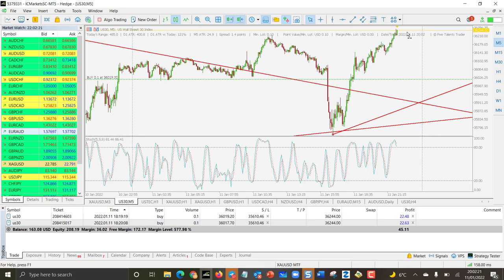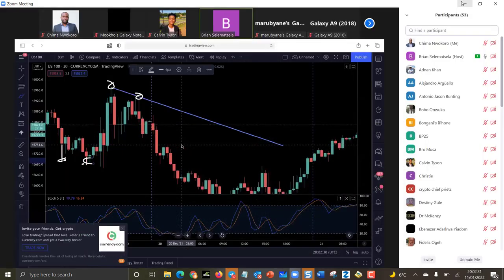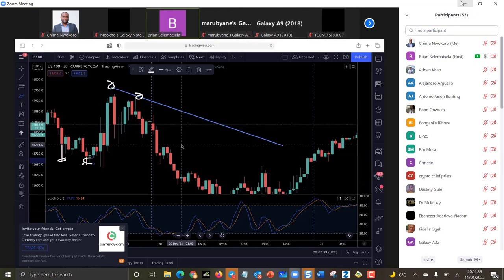But the lower the time frame you go to, the more you'll be able to spot divergence early. It is true, but you must do that in a very smart way. Where you expect a very good momentum, you must utilize that effectively.